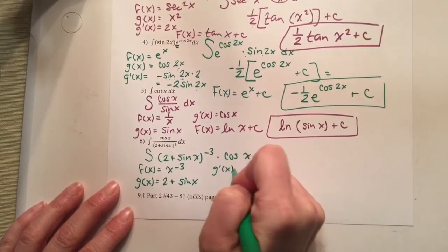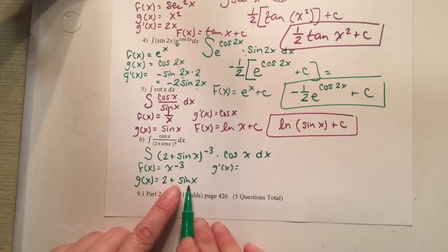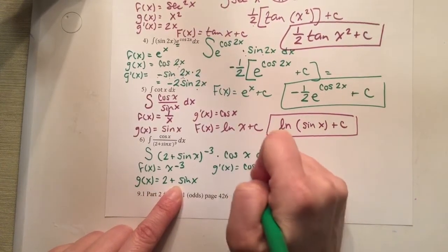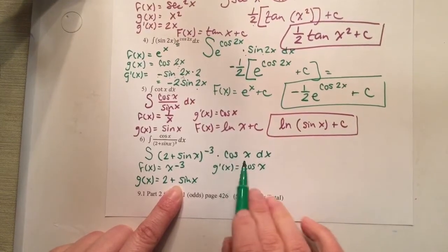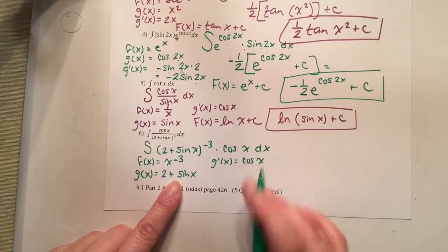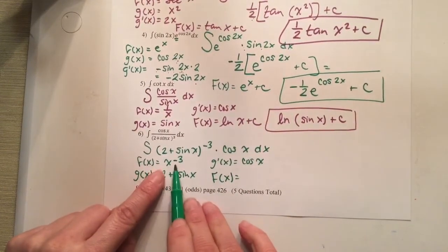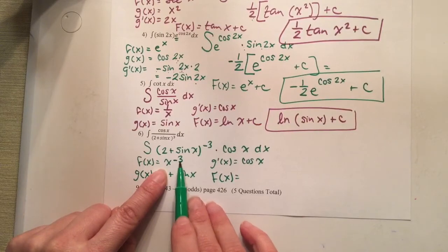Now we have to find the derivative of g of x. The derivative of 2 is 0. The derivative of a sine is a cosine. I do have the cosine of x. That already matches, so I do not have to add a value outside. Find the antiderivative: x to the power of -3. If I add 1, that becomes a -2.